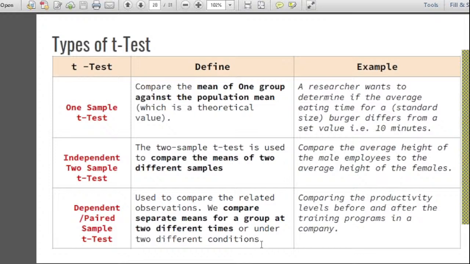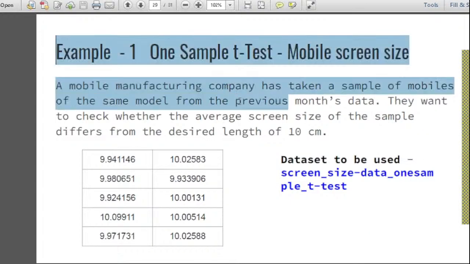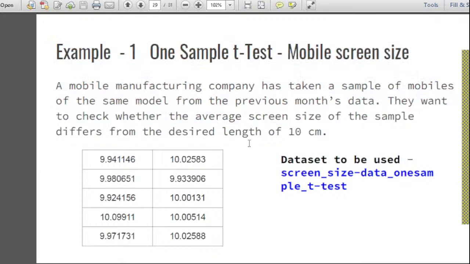So we are going to do the t-test for each of these, but I think we don't have time. We will start with examples of t-test tomorrow. Tomorrow we'll do t-test, ANOVA, chi-square, and then we are going to start with the modeling part.